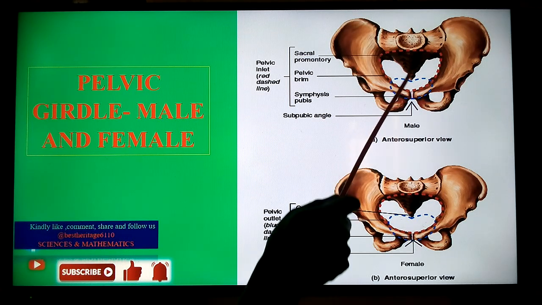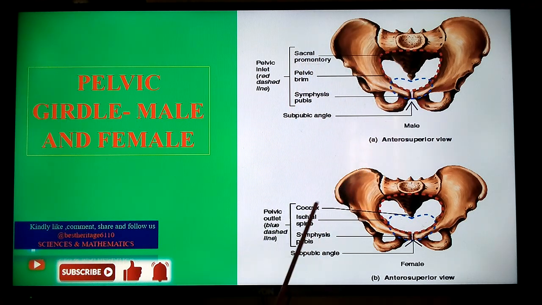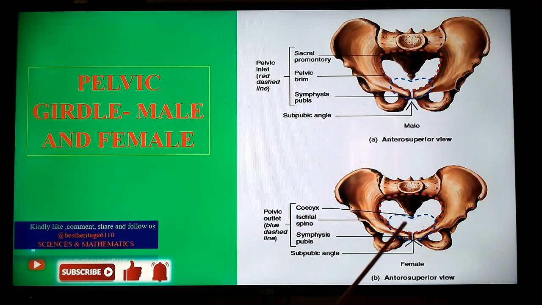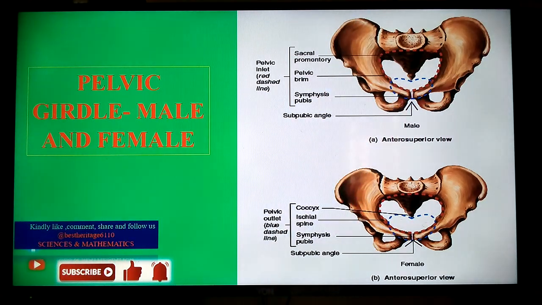There's also a projection of what we call the sacral promontory for the male and the female. If you look at this part, assuming the orientation is the same, we see that the sacral promontory does not project as far anteriorly in females as it does in males, and that also creates a difference between the male and the female pelvic girdle.